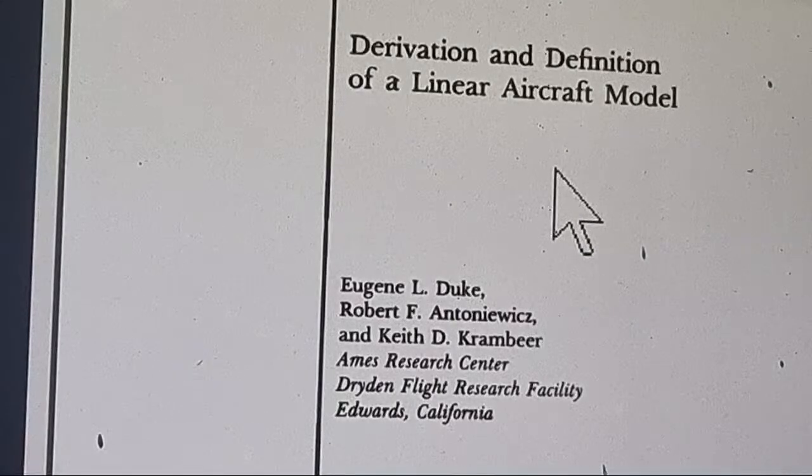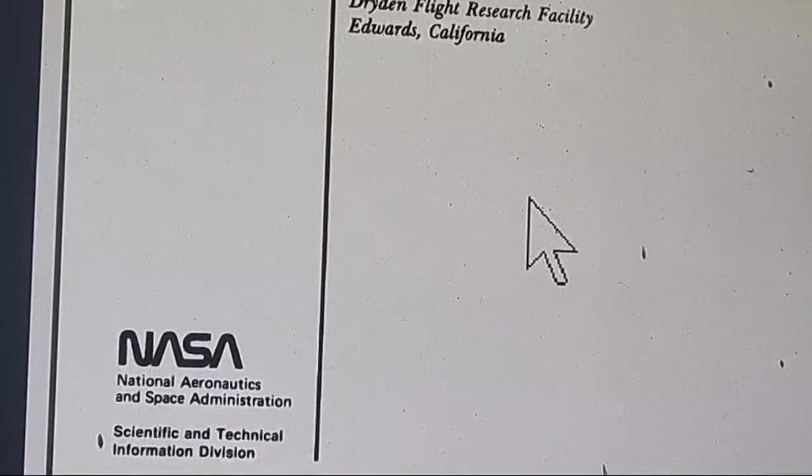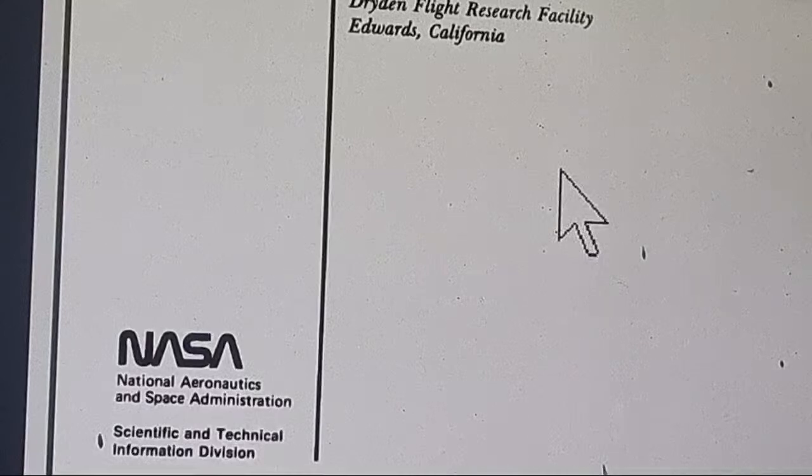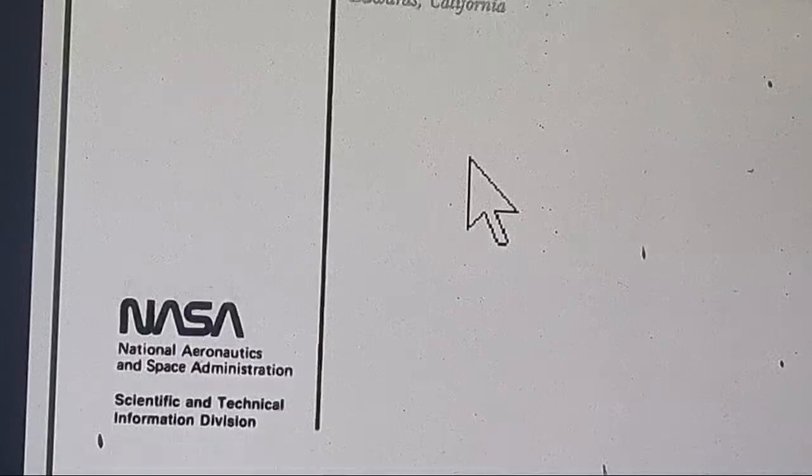Linear aircraft model. And then it's done by the Ames Research Center, which I've heard of before, Dryden Flight Research Facility, and Edwards, California, which is where Edwards Air Force Base is located. But I don't know that it's Edwards Air Force Base.